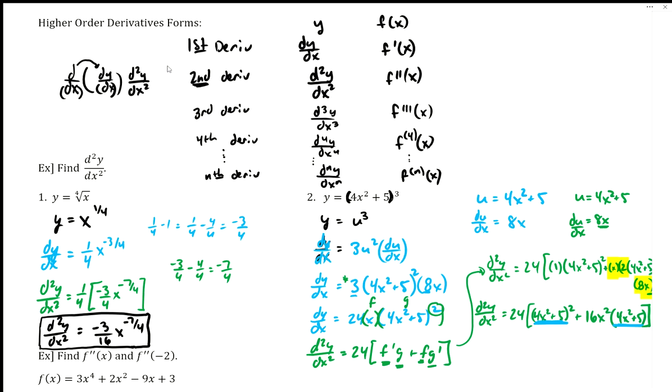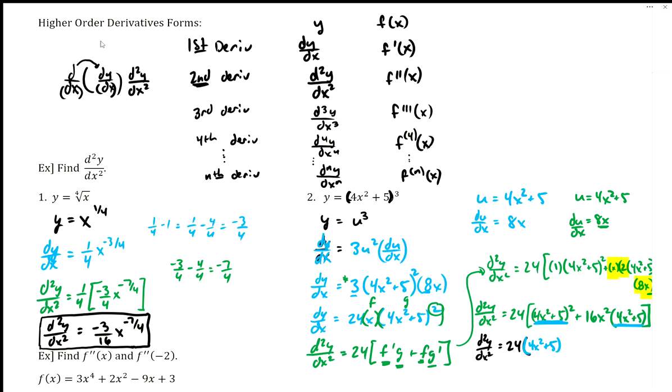So let's take that out. So let's write it as d²y/dx², the 24, and then we're saying, oh, 4x² + 5 is common in both. So I'm taking that out, and then let's set up our bracket again.